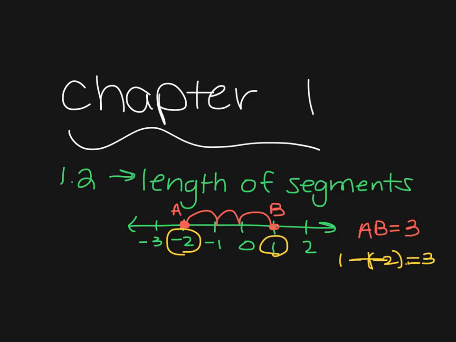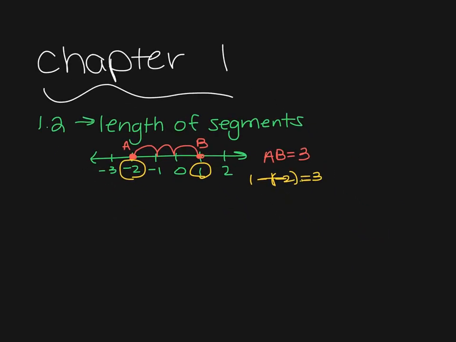And then it would say something like A is between B and C, and you'd get a diagram.